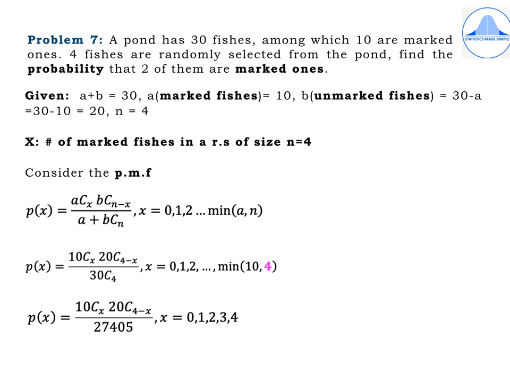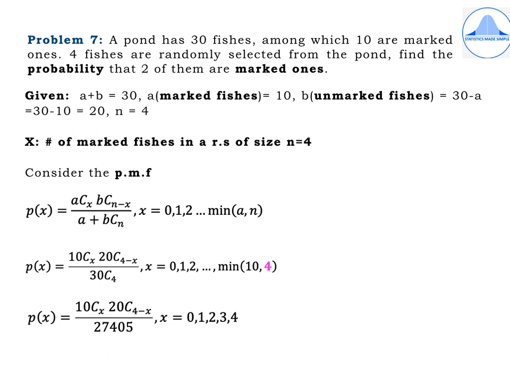In this problem, there are fishes in a pond, and it's been mentioned that some of them are marked, and obviously the other fishes would be the unmarked ones. So it falls in the category of the hypergeometric distribution because the marked fishes would be those which possess the characteristic, and unmarked fishes will be those which do not possess the characteristic.